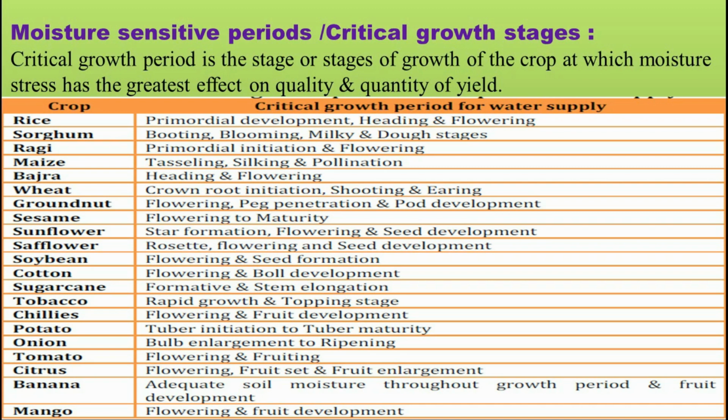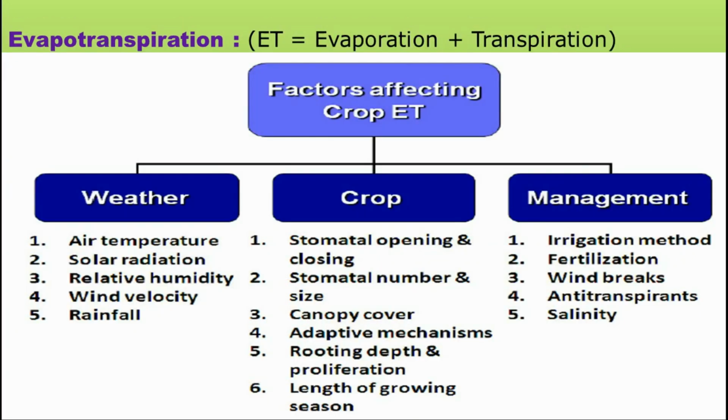Here, in the tabular form, the crops are given and the critical growth period for water supply is also given. Please pause the video and note down all these critical growth periods. It is a very important table. Please go through it.